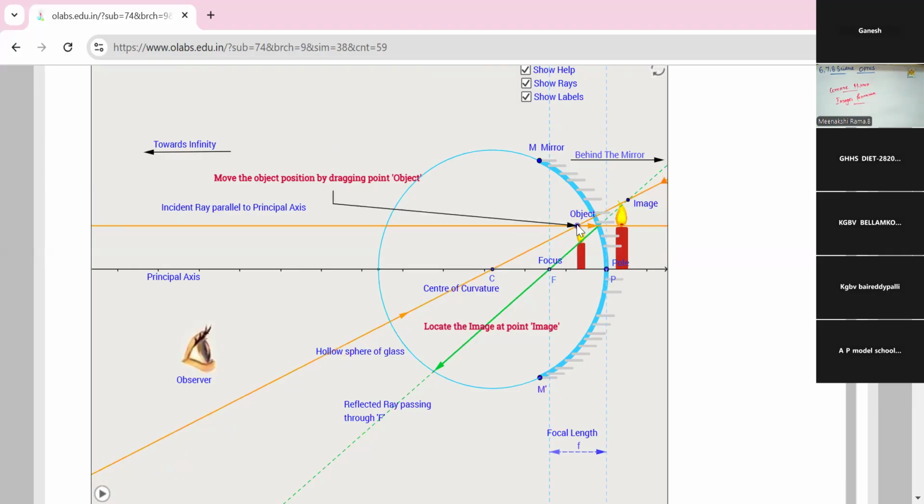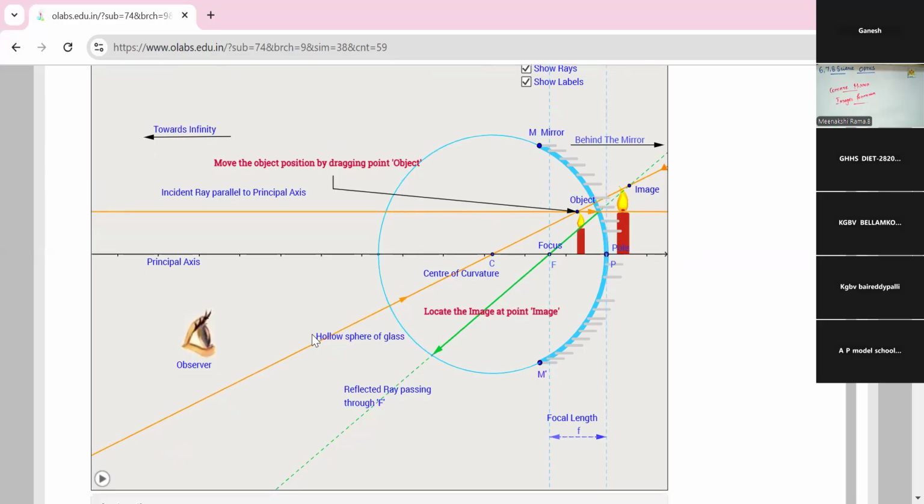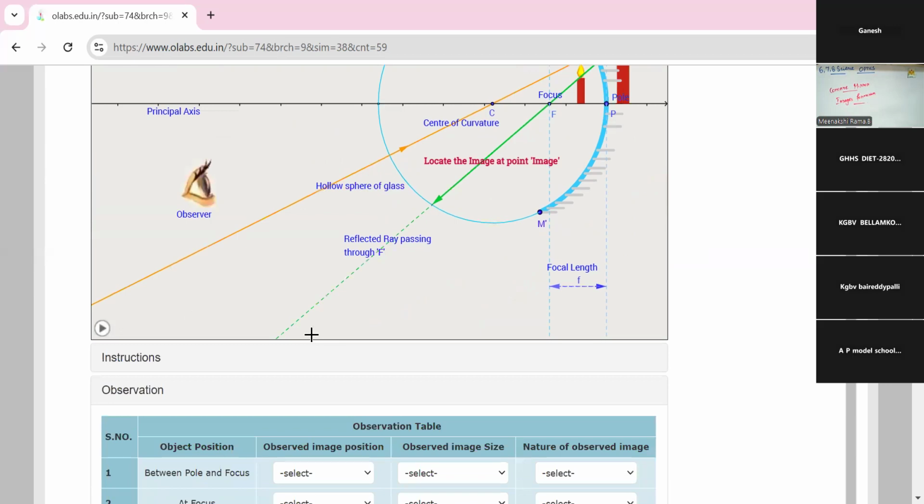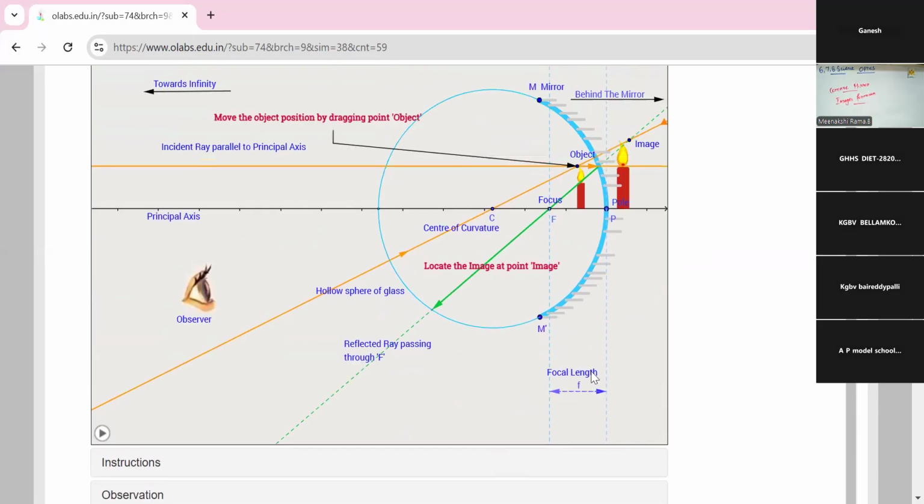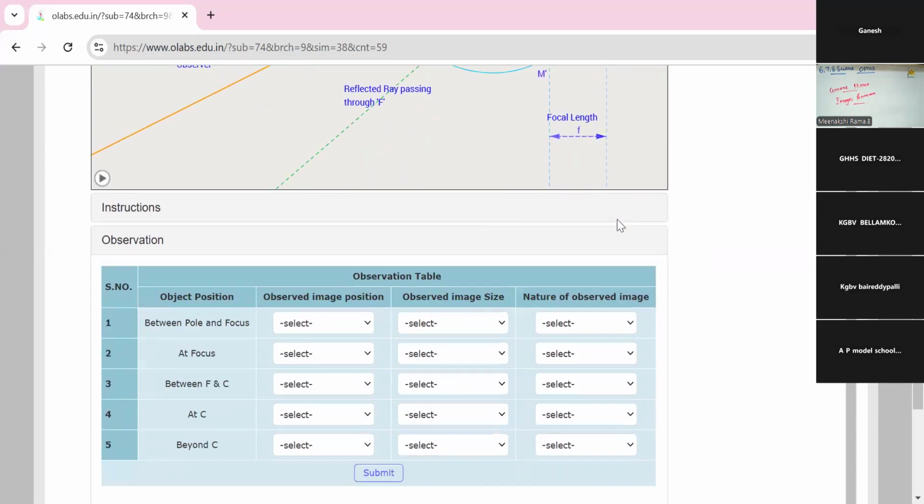Very good. Yes, we are getting the image. What is the position of it? It is behind the mirror. So we observe the image position, the image size, and the nature of the image.